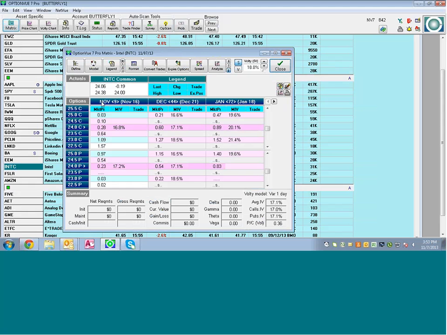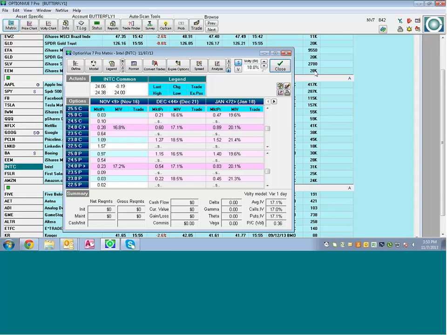That's where I can see all the goodies about Intel: the price, the last price, the change, the high, the low, etc. And then on the left, I see all the calls and all the puts. The at-the-monies are marked by the little caret.